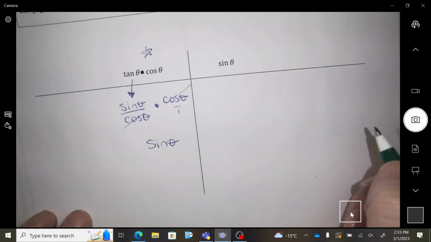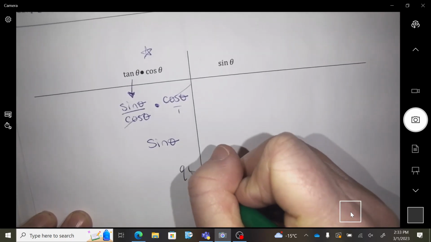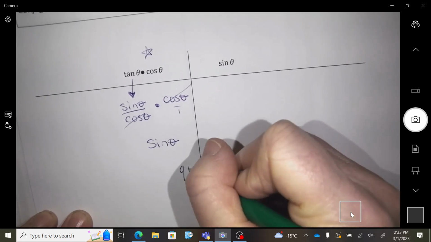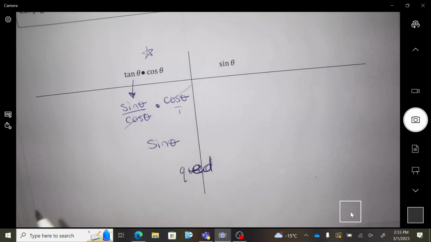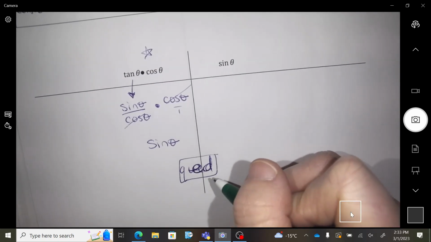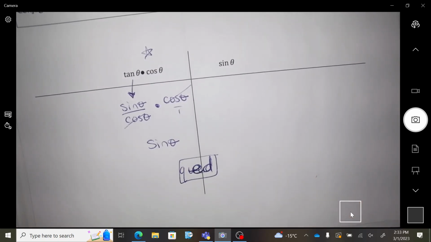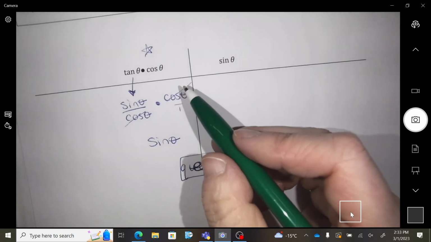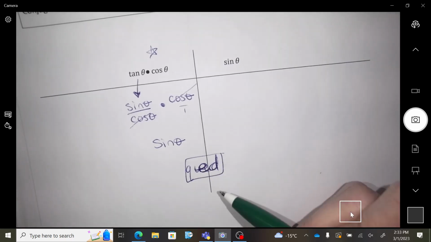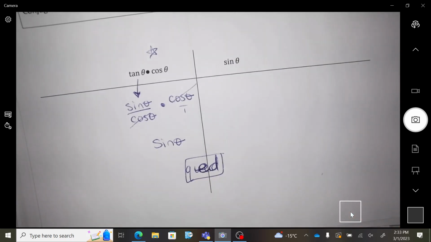It matches the other side. So I'm going to write QED, Latin. I can't remember what it stands for, but it just means I did it. Okay. When you do proofs, you never write equal signs. You just work down until you get to the result.